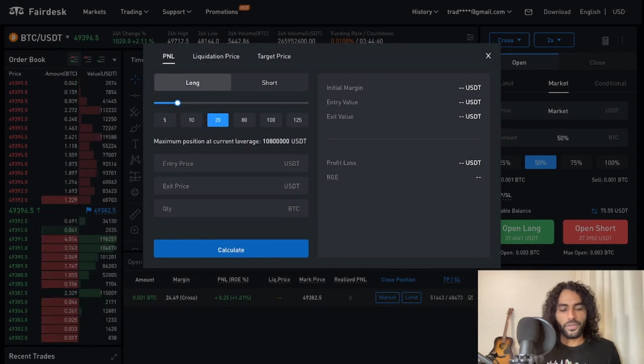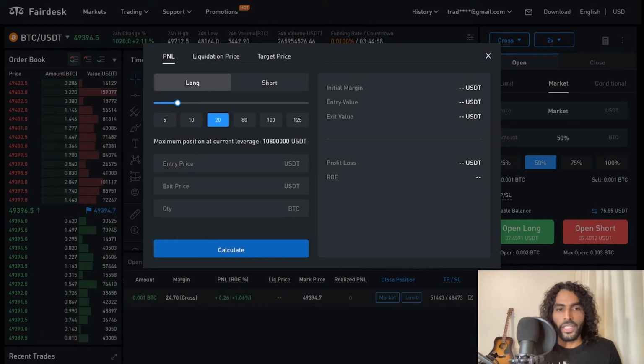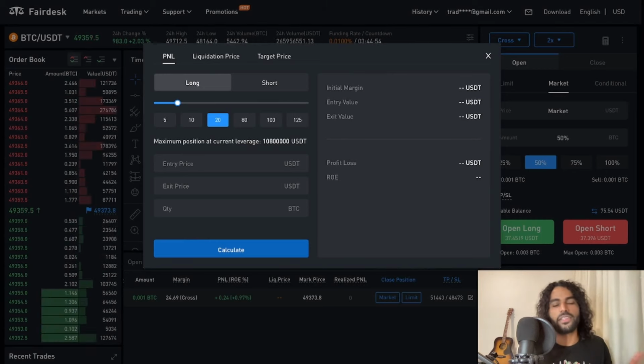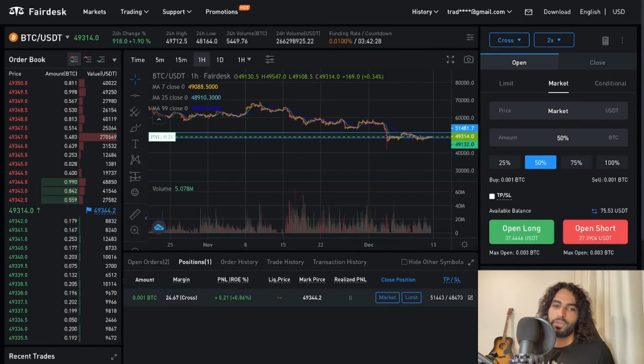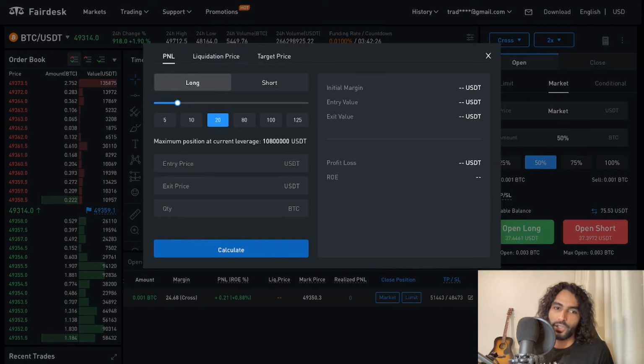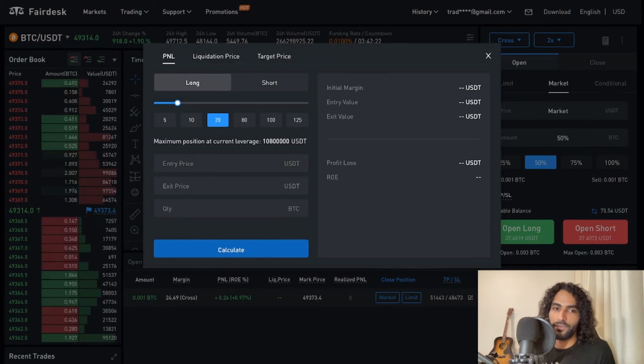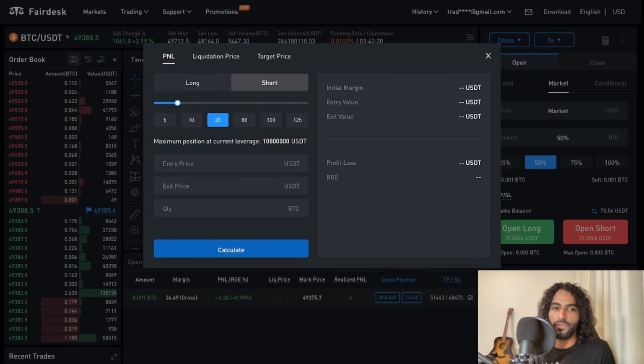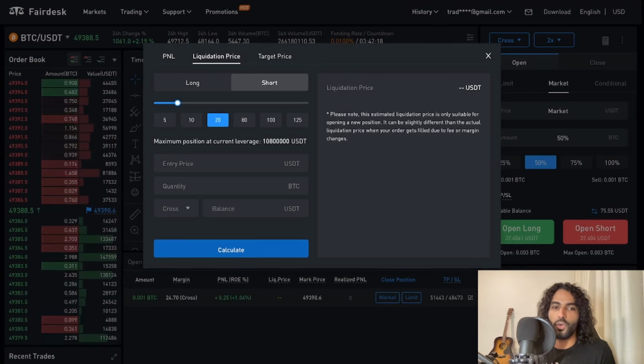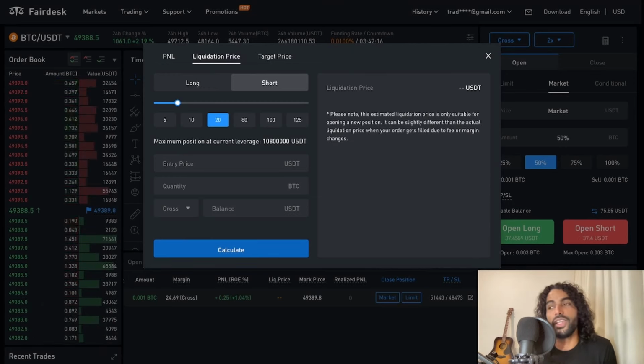So here for the calculator, you can play with everything regarding this. You can calculate from here, and you can calculate how much you risk. And here for the long, and here for short as well, and even for liquidation if you want to know how much money you could risk before you get liquidated.